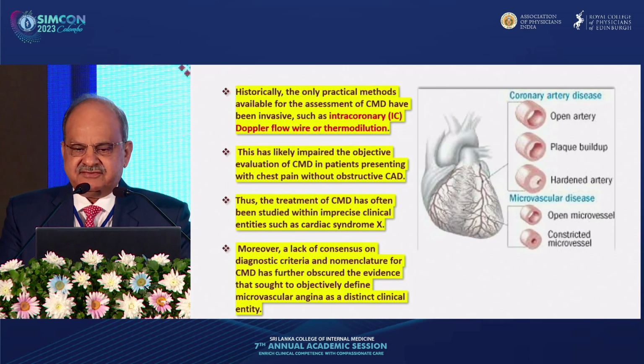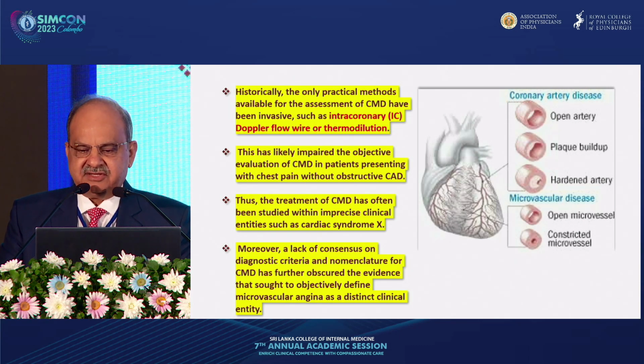On the right side, in coronary artery disease, there is an open artery, and when there is plaque buildup, the artery gets hardened and becomes narrowed. And in microvascular disease, you see the open microvessels and then constricted microvessels.